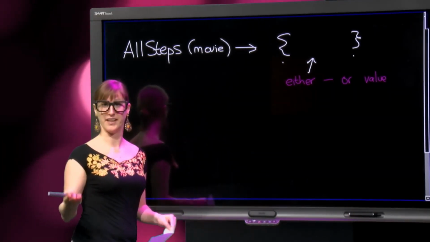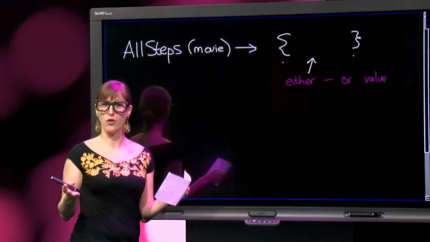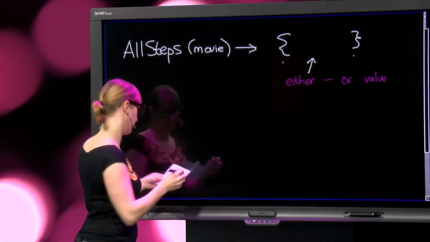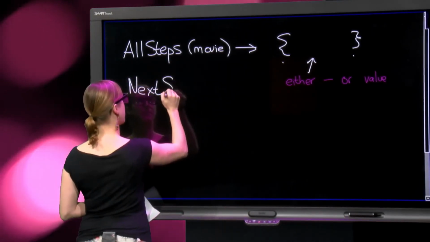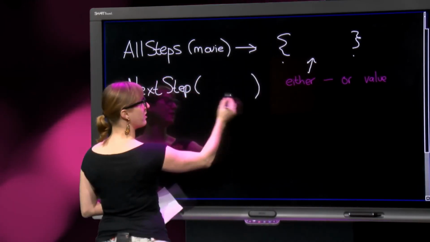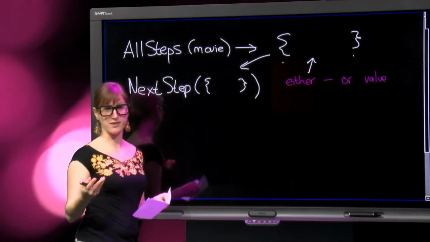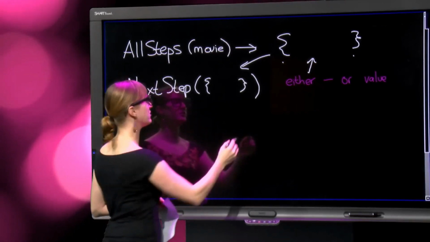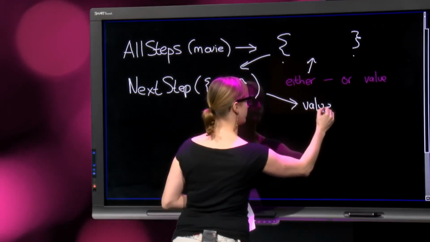If we have that list, 1 dash dash, what we need to calculate is the Bacon number of that list. So let's call that function next step. What we put in here is this list. So we put in the list of the Bacon numbers of the actors, and what we will get out is a value.